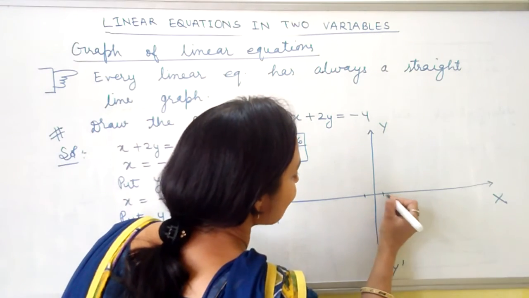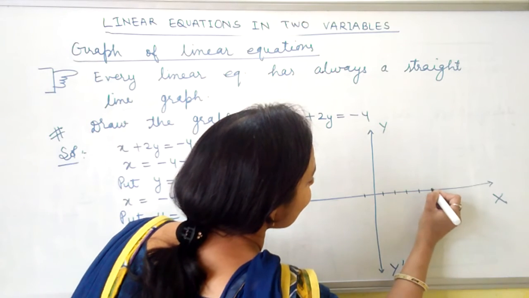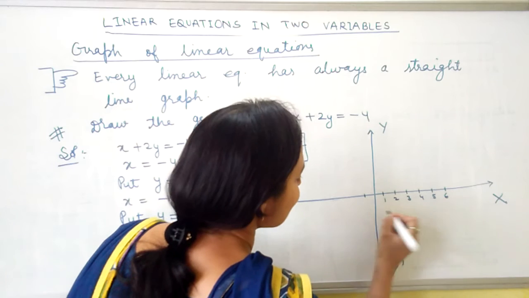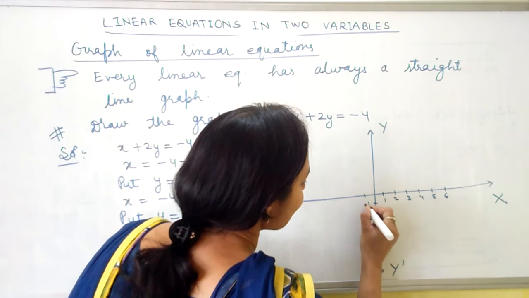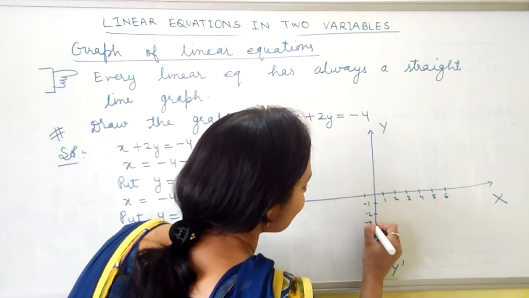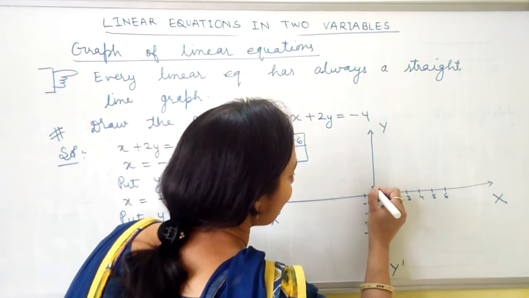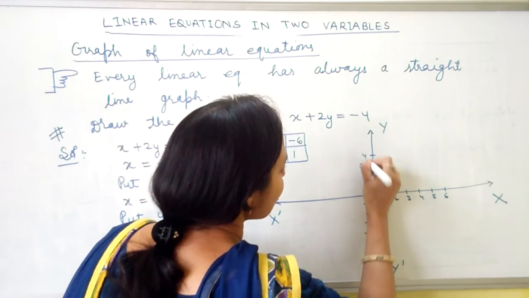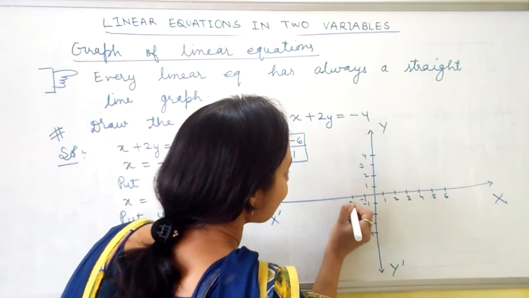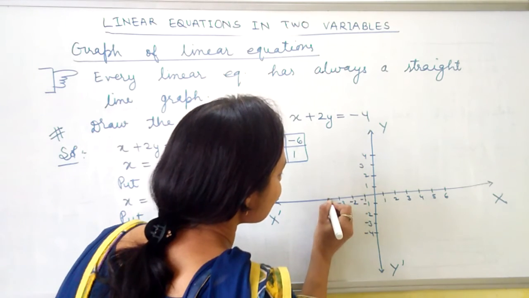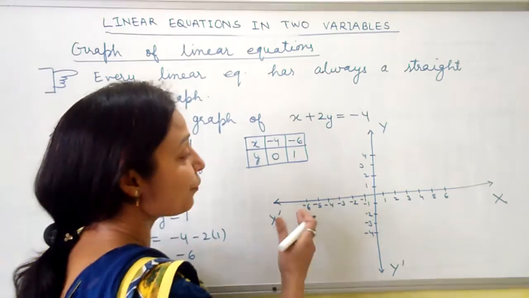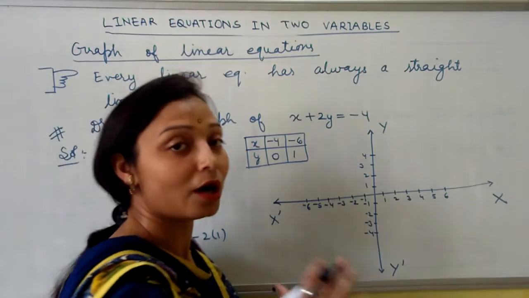This is 1, 2, 3, 4, 5, 6. 1, 2, 3, 4, 5 and 6. Here 1, 2, 3, 4 and negative 1, negative 2, negative 3, negative 4, negative 5, negative 6. We want graph paper to draw a graph.